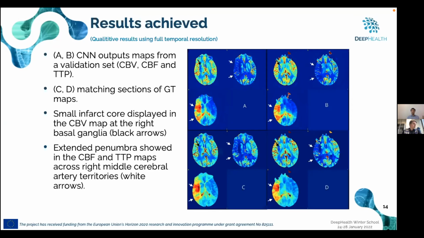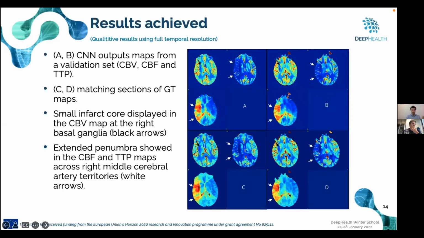Showing even the 4th, the missing map, which is mean transit time, would be redundant, because getting 3 of these maps out of 4 is sufficient to identify the ischemic core and the penumbra area. But this is just a qualitative point of view.